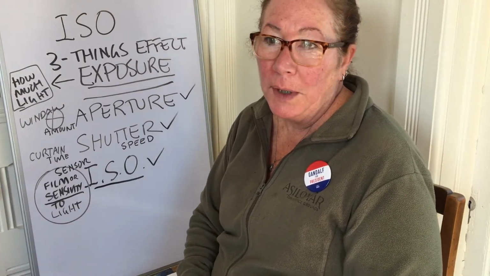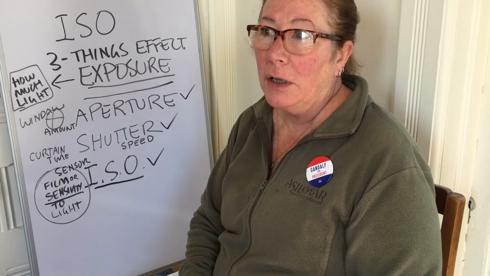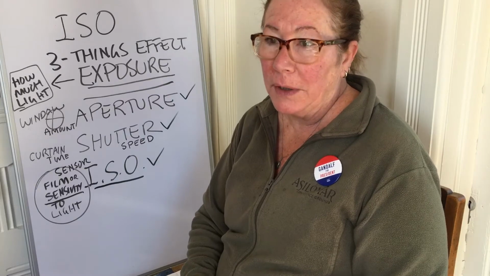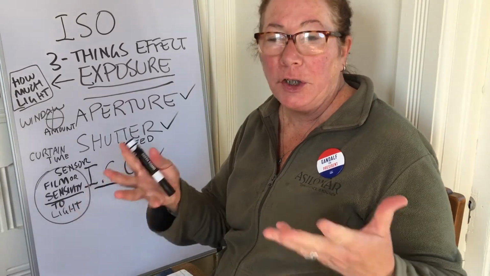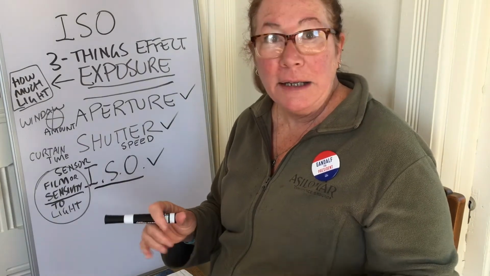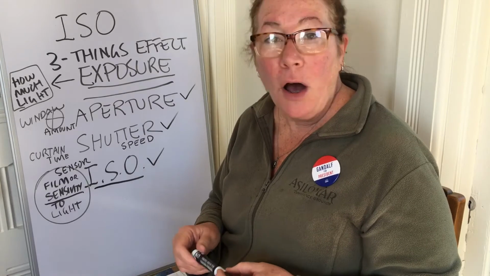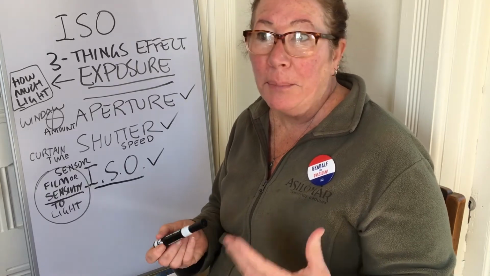If you wanted to be out in really bright sunshine, at the beach or out on the lake with a lot of bright sunshine and reflection, or even in the snow, then you might need to change your film or your ISO sensitivity setting to compensate for that extreme brightness.